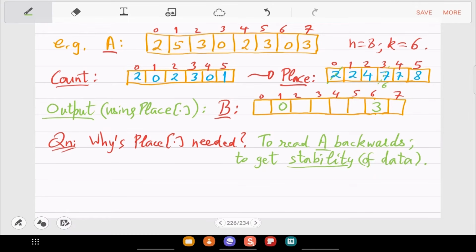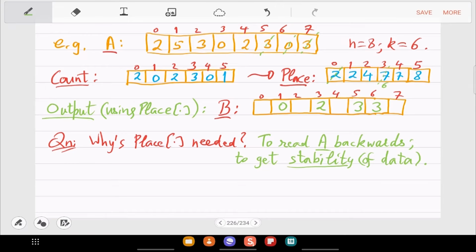So you change the place array. And now when you come to the next 3, you will see that it says 6, which means 5. So you put 3 there. Okay, so this is how it is proceeding. So we have cleared this, then this, then this, and then you see 2 in array A. So 2 you read off from place, it says 4, which means index 3.